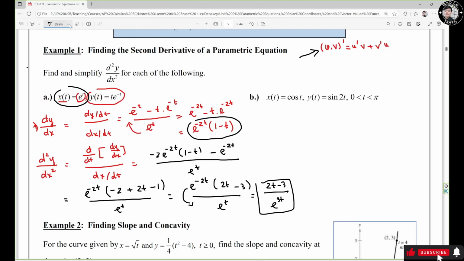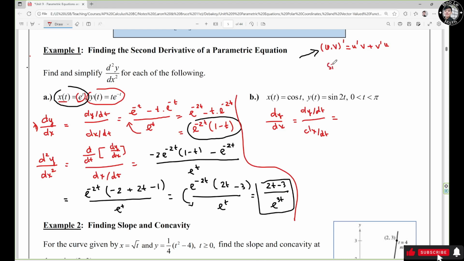Now, question B, you're going to do exactly the same thing. You have dy over ds equals dy over dt over ds over dt. So dy over dt equals this one right here.